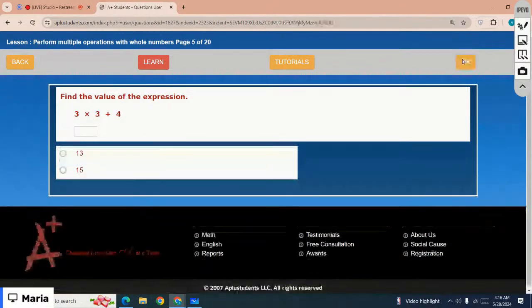Find the value of the expression. So which is the correct option? It is option number one, 13, that is the correct option.